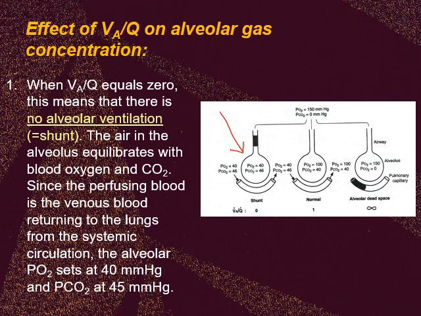Since the perfusing blood is the venous blood returning to the lung from the systemic circulation, the alveolar partial pressure of oxygen is set at 40 millimeters of mercury, and the partial pressure of carbon dioxide is set at 45 millimeters of mercury.